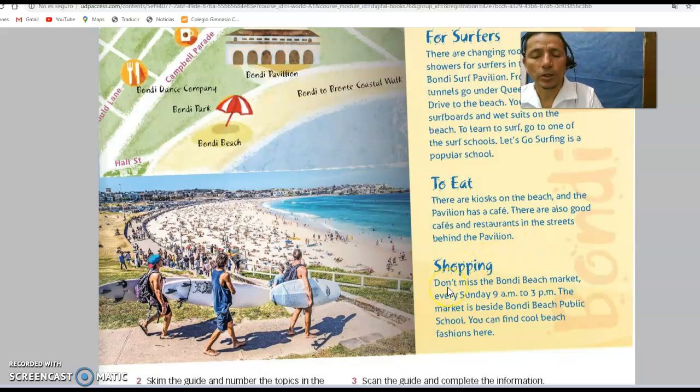Shopping. Don't miss the Bondi Beach Market. Every Sunday, 9 a.m. to 3 p.m., the market is beside Bondi Beach Public School. You can find cool beach fashion here.